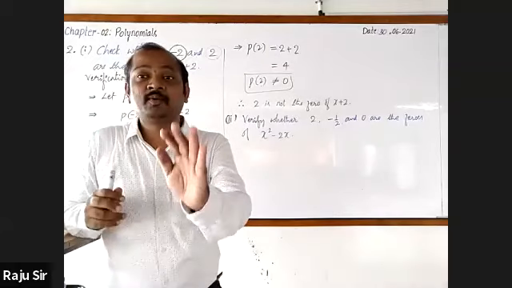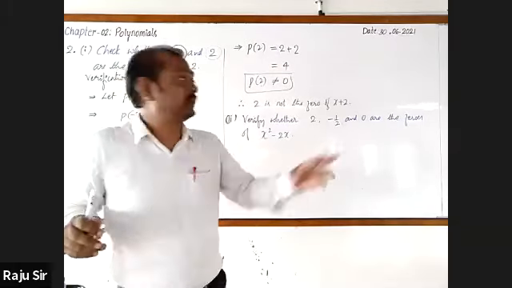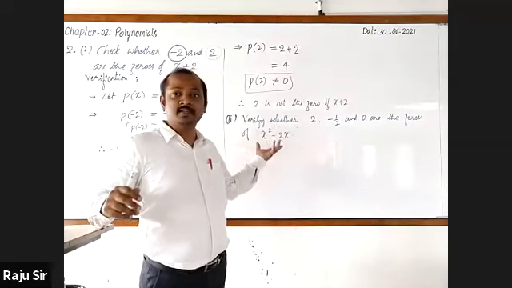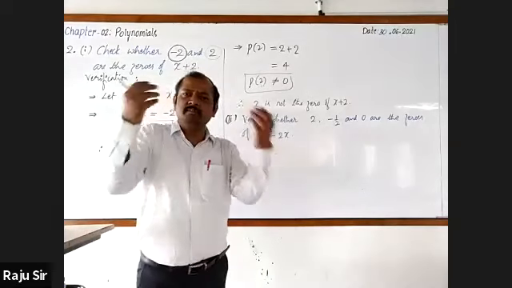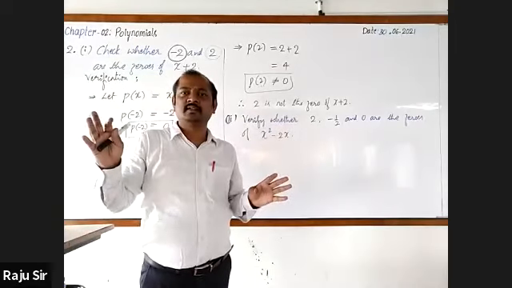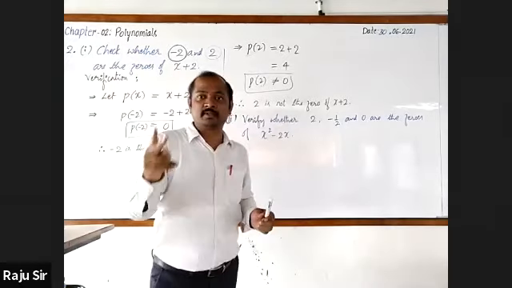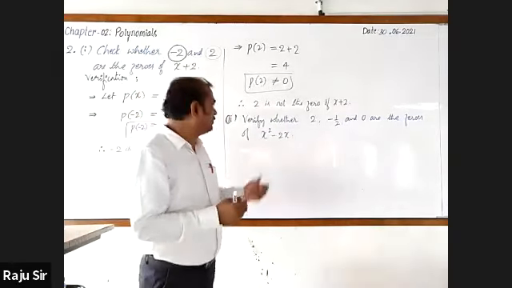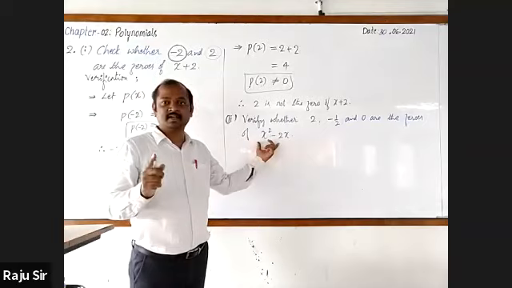Here we are going to check whether these numbers are the zeros. Any numbers can be taken, but among those numbers, only two numbers will be zeros. I did not get, sir. Can you explain once again?